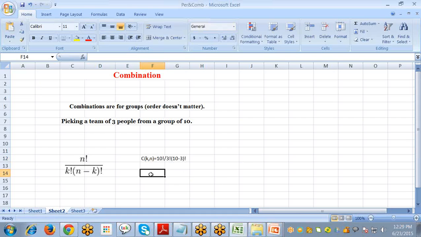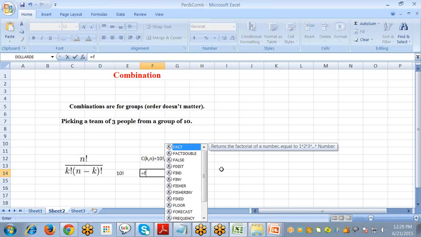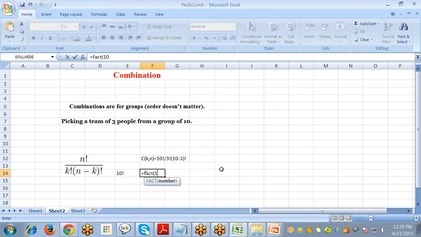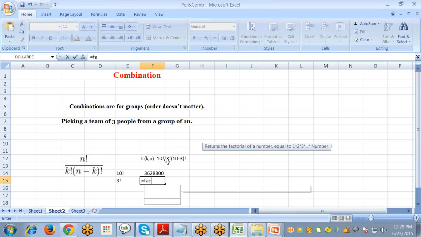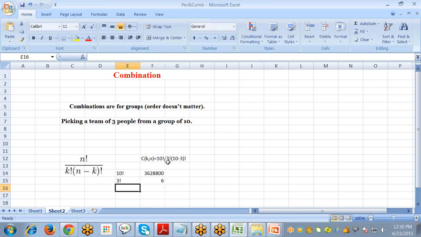So we are splitting this value. First we take factorial of 10, so type an equal sign, FACT, and calculate factorial of 10. Then after that factorial of 3, so factorial of 3 will become FACT and 3, and after that n minus k, that means 10 minus 3, that means 7.